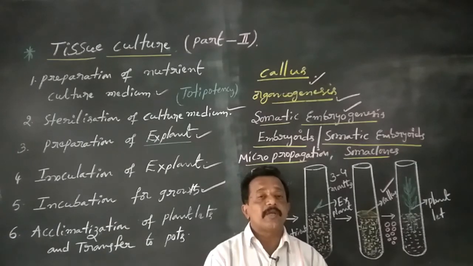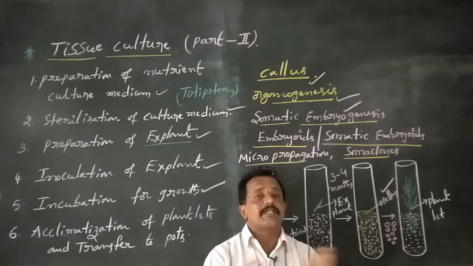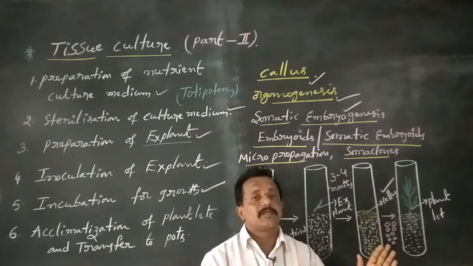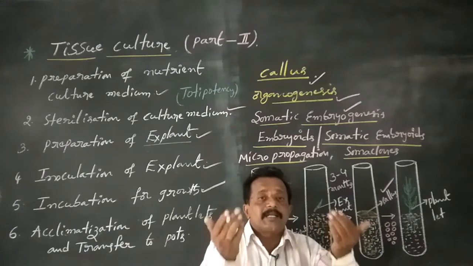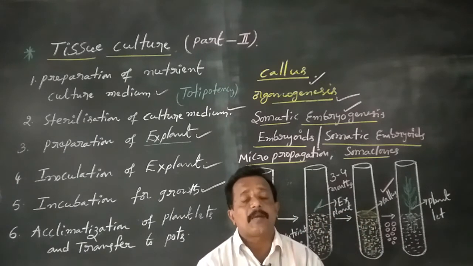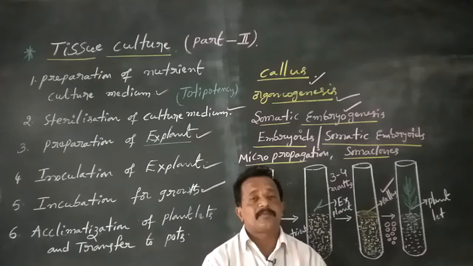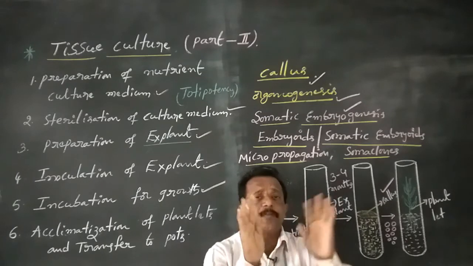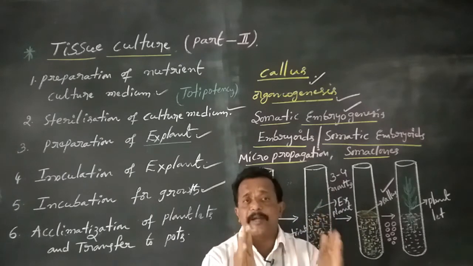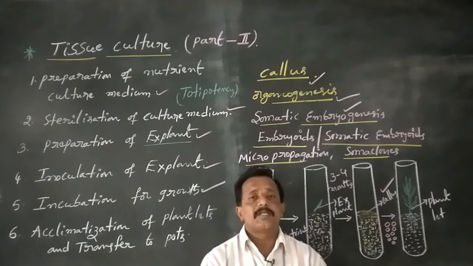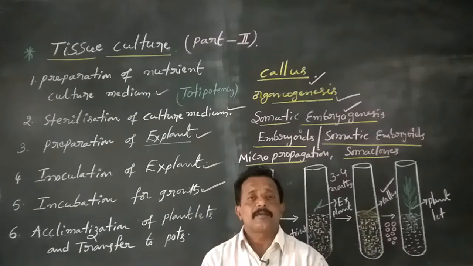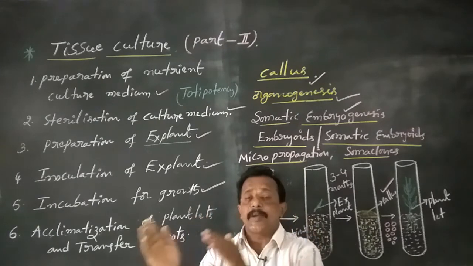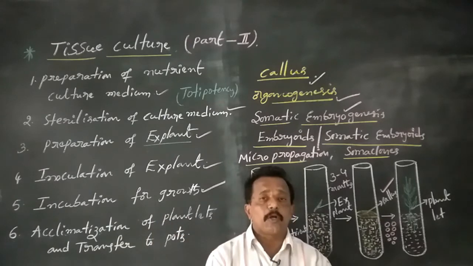There is no involvement of asexual reproduction or sexual reproduction, only the plant cell protoplast is involved. Two different plant species are here: one is tomato, another is potato.